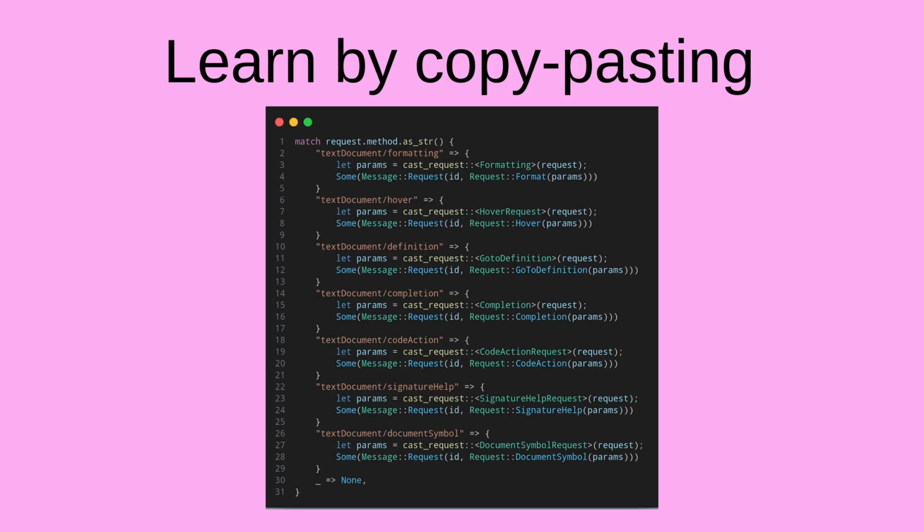So this is a big pattern matching list, and it's basically matching along these different kinds of requests. I know a bit about the language server protocol, and I know that these are something that the client will send.